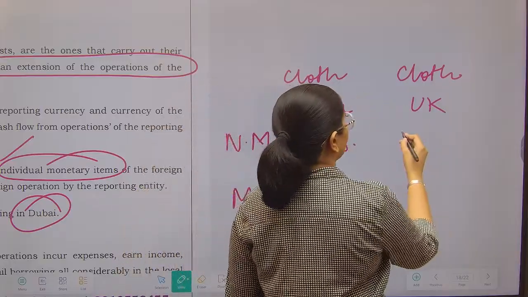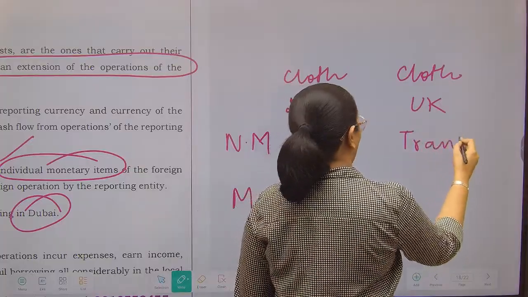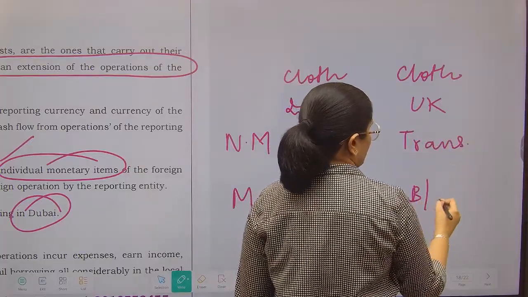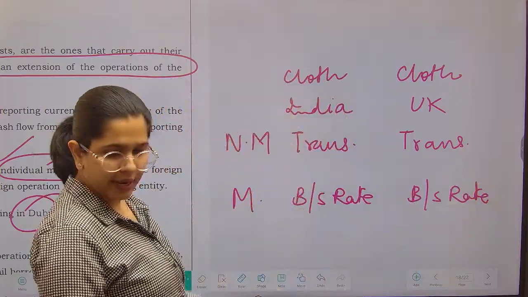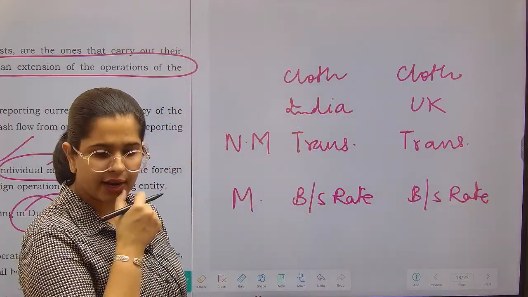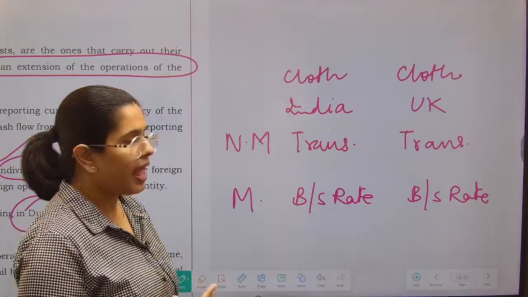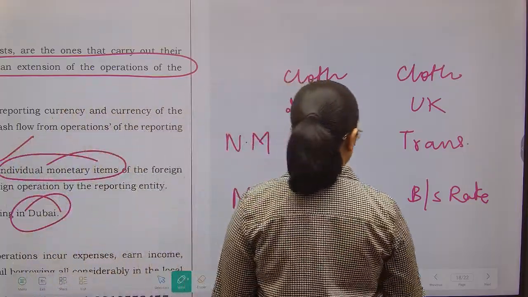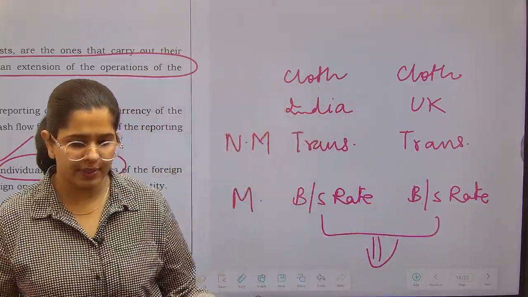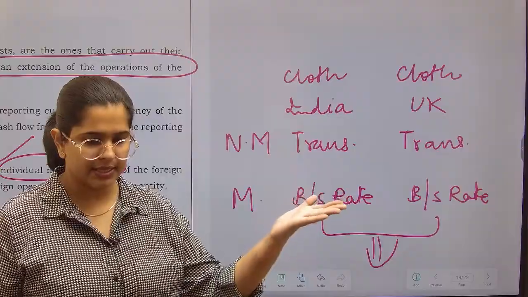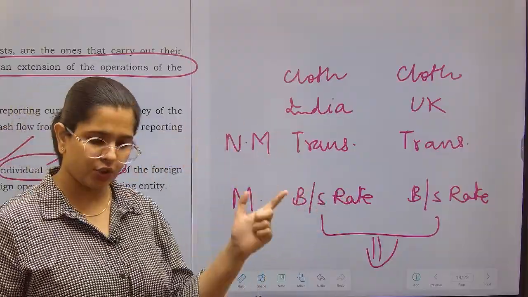So same kind of principle I will apply over here as well. Every item will be individually measured. हर आइटम को इंडिविजुअली मेजर किया जाएगा and then I will represent a consolidated version because both the kind of businesses, दोनों cloth के ही business हैं and I am just having a branch in UK.